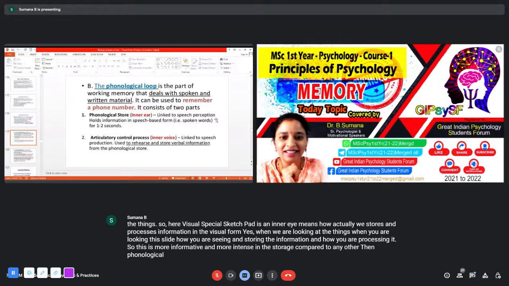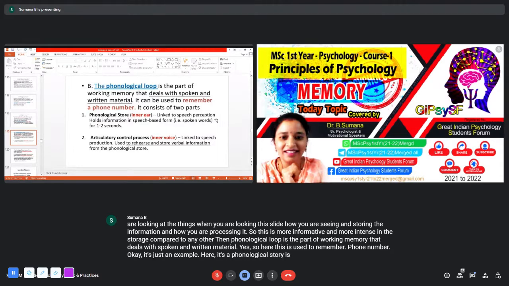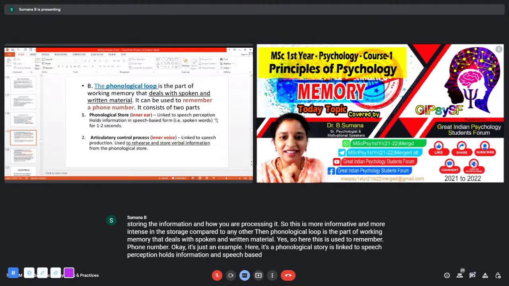Then the phonological loop is the part of working memory that deals with spoken and written material. It is used to remember, for example, a phone number. The phonological store is linked to speech perception and holds information in speech-based form, like spoken words, what you have heard.